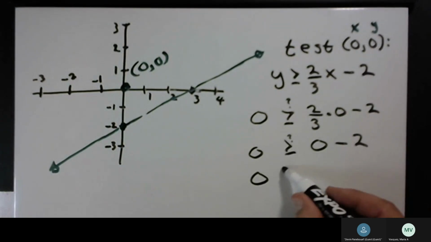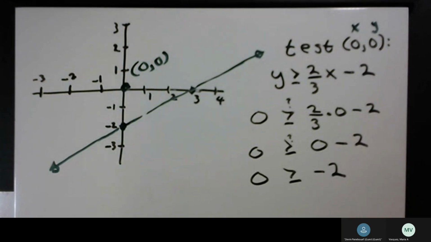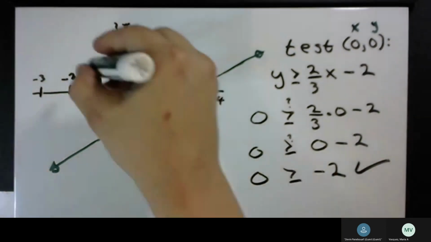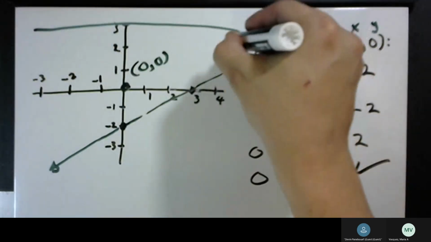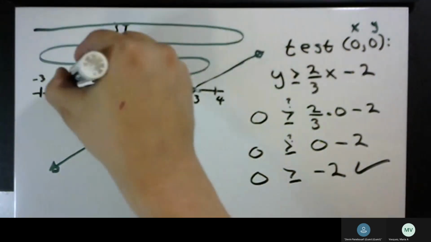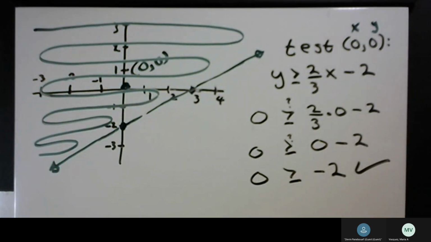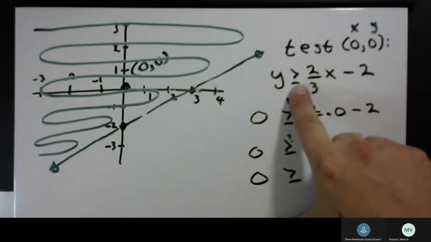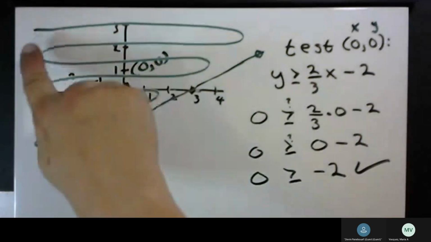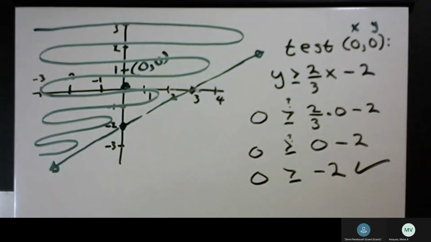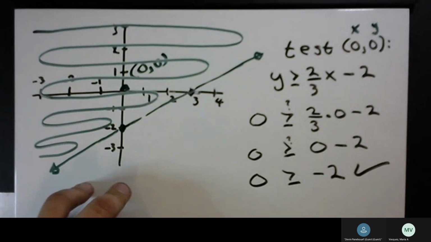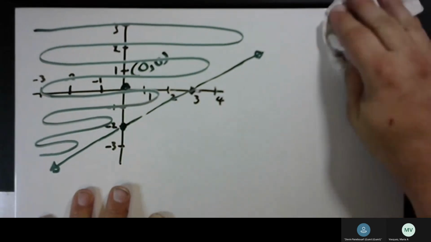Well, sure enough, 0 is greater or equal to -2. That is correct. So that means we shade above the line. And again, you could use the second method where it says since y is greater than, that also says you shade above the line. So either method will work. Questions about that?